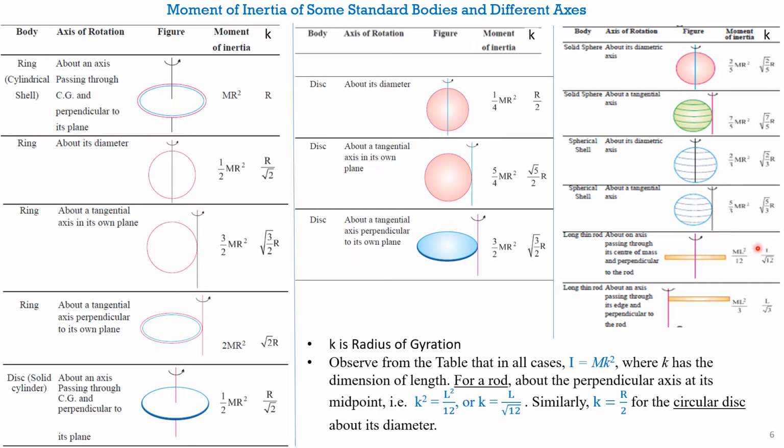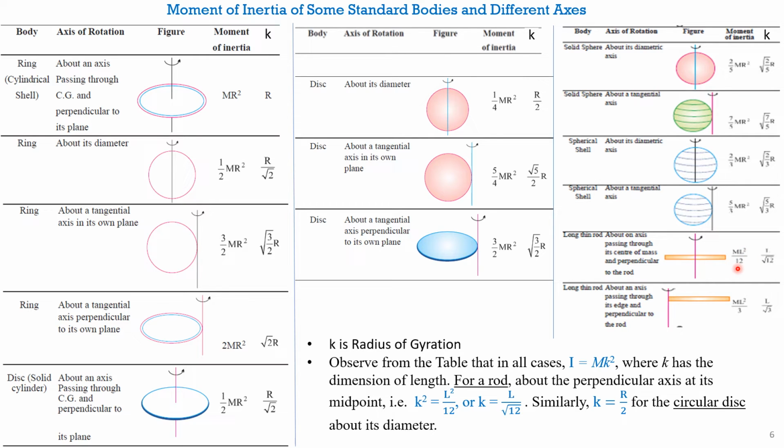This is the case. So here if you consider the thin, long rod about its perpendicular axis, its moment of inertia is given by ML square by 12, and its radius of gyration is L by square root of 12, that is square root of L square by 12.